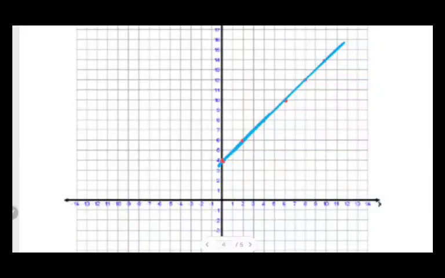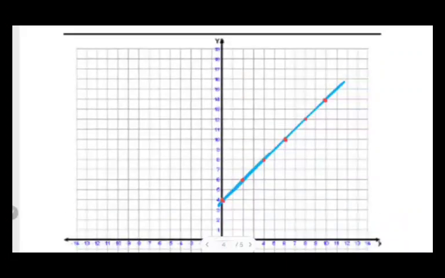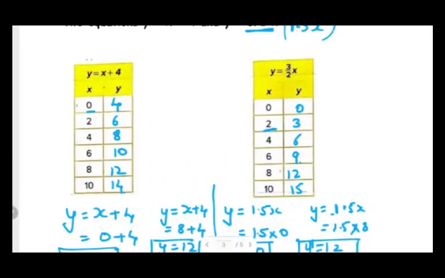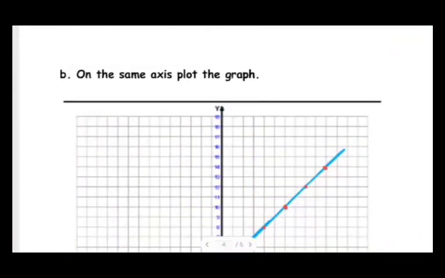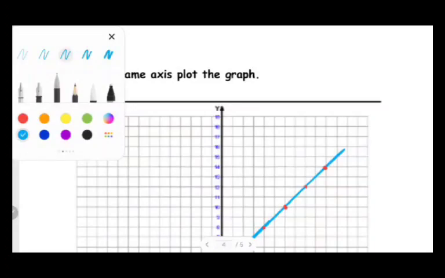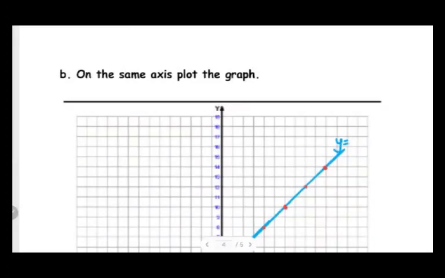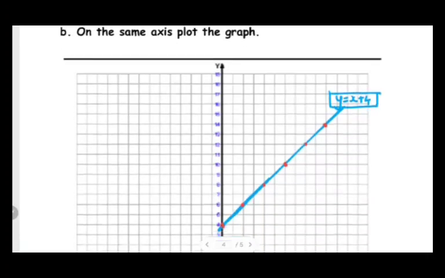So here, and that's how the line will extend. What's my formula for this line, children? Y is equal to x plus 4. So on top I shall write y is equal to x plus 4. So this line is for y is equal to x plus 4.